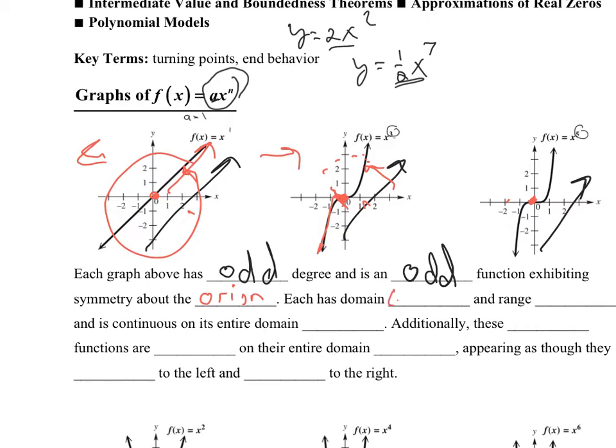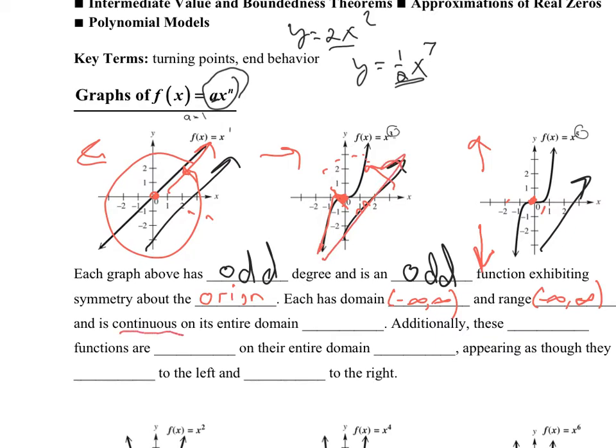So I'm going to write in parentheses negative infinity, infinity. And then the range is all the y's. Well, it looks like it goes far down forever and up forever. So that also will be negative infinity to infinity. And he gave us three different odd functions, polynomials, and they all had the same domain, the same range. And they all had the same increasing behavior from here to here.